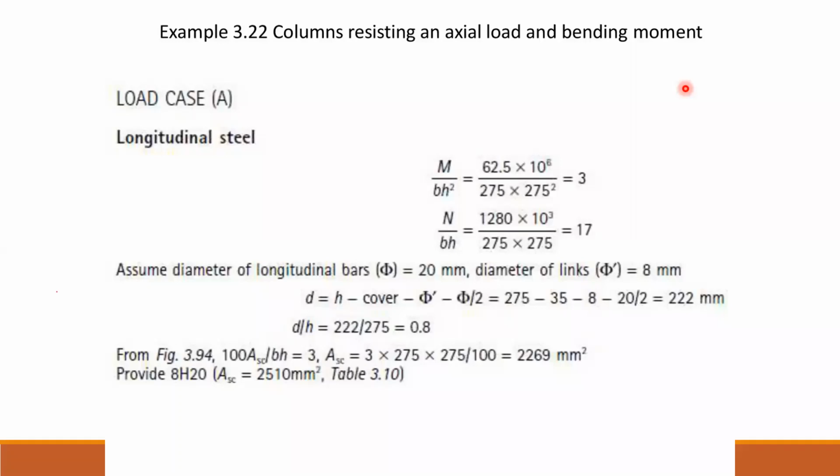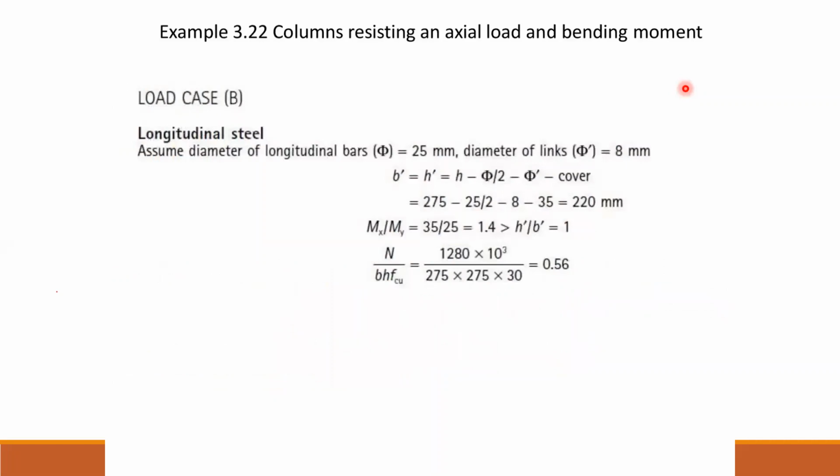From the figure 3.94, AS over BH is equal to 3. AC is equal to 3 times 275 into 275, 100 AS over BD. So that comes to 169. Provide reinforcement 8 number of 20 diameter.